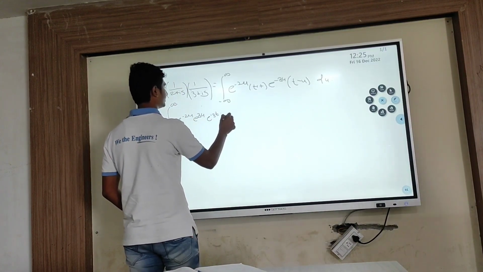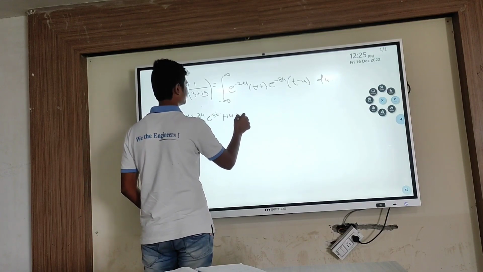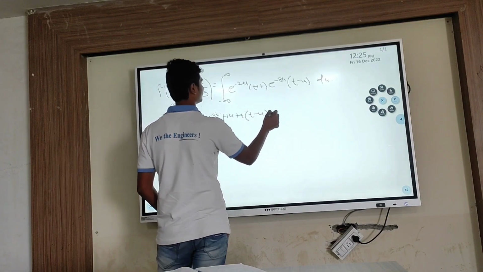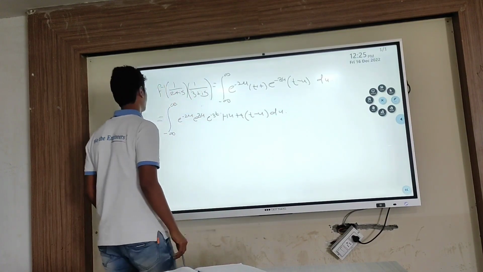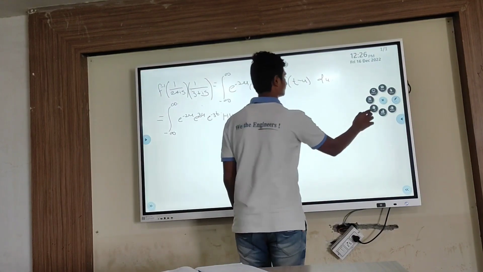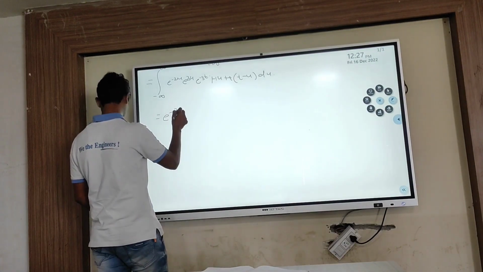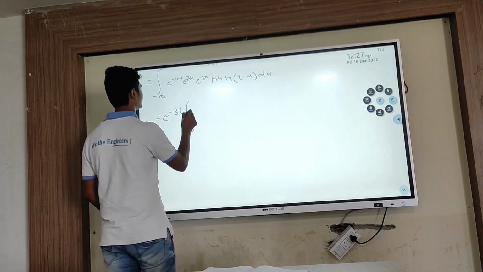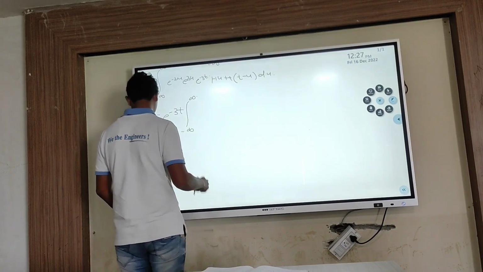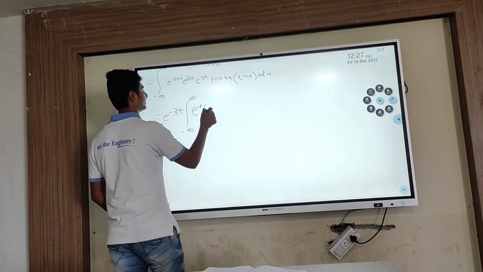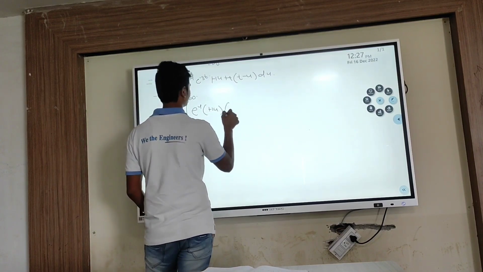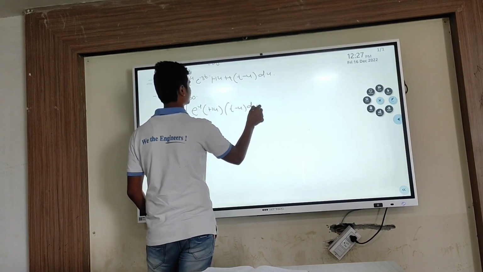So we can compute h of u and h of t minus u du. E raised to minus 3t, integral from minus infinity to infinity of e raised to minus u h of u h of t minus u du.